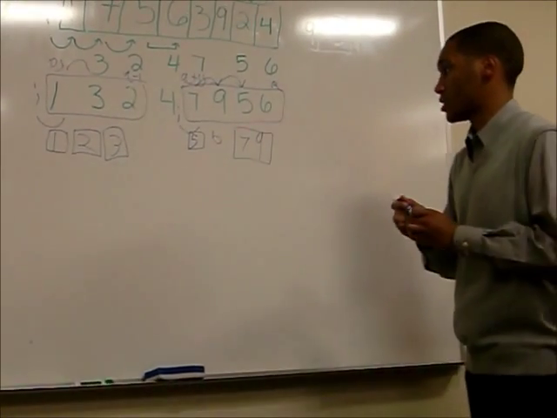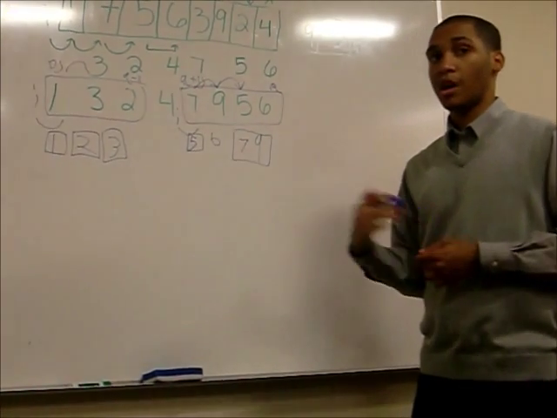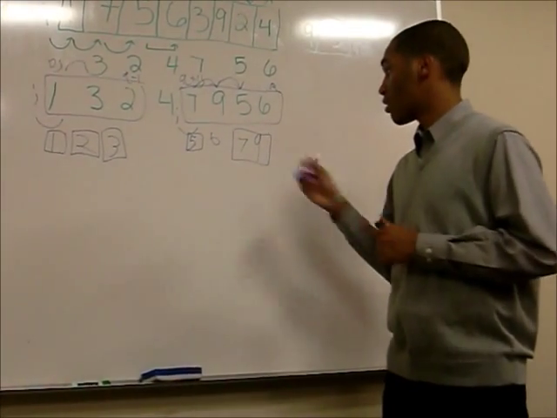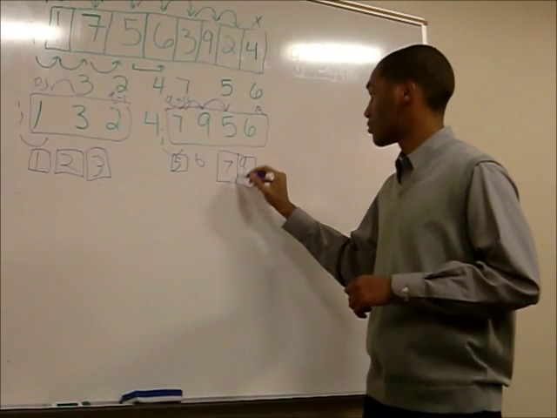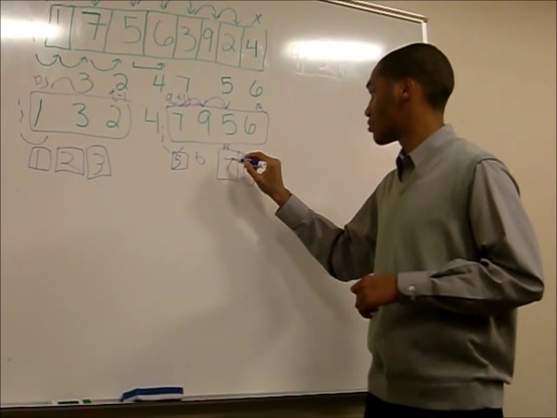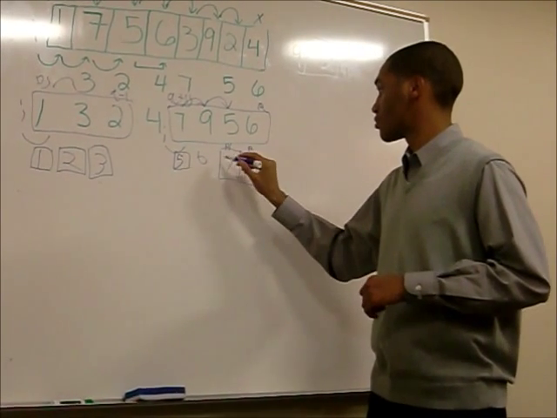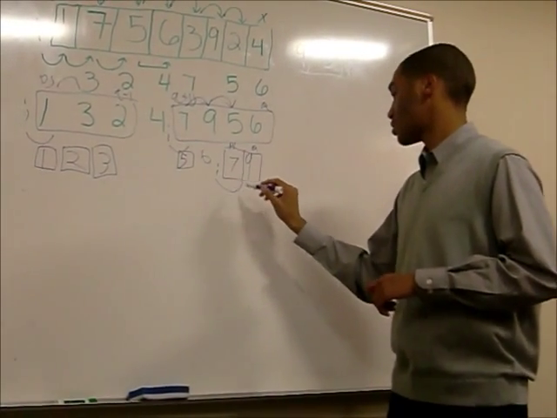So now we partition the lower subset, which since it's a single number, it automatically finishes. And now we partition this side. Since it's less than, it increments.